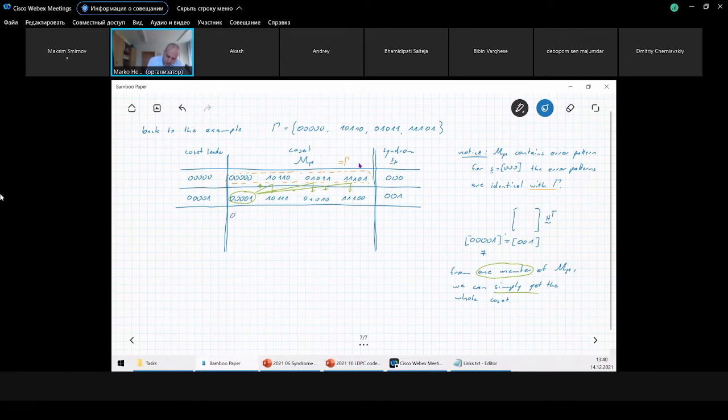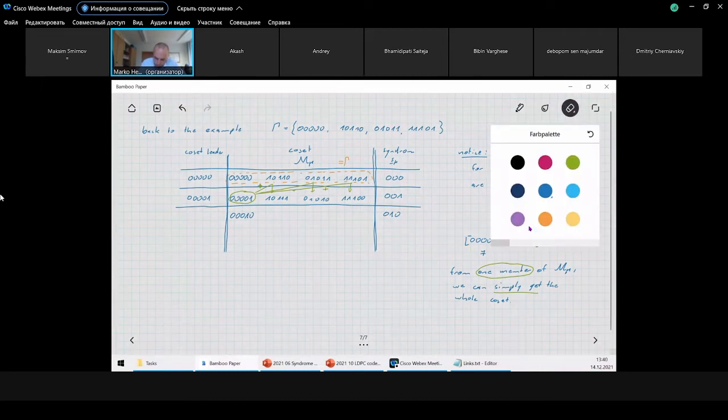So let me just bring another one. If we use this one to calculate the syndrome, of course, for one we need to calculate it, we will get the 0, 1, 0 syndrome. And you see, it's similarly easy to get the rest, again by adding the valid code words.